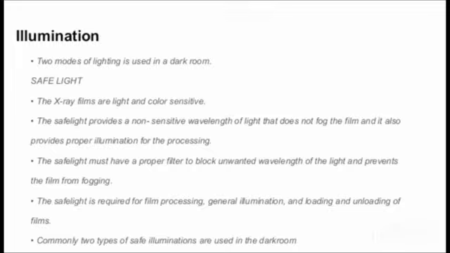After the film processing, we should view whether the image is formed or not in an X-ray film. So we use a safe light in the X-ray department so that we can view whether the image is formed or not. Usually the safe light is required for film processing, general illumination, and for loading and unloading of the films.